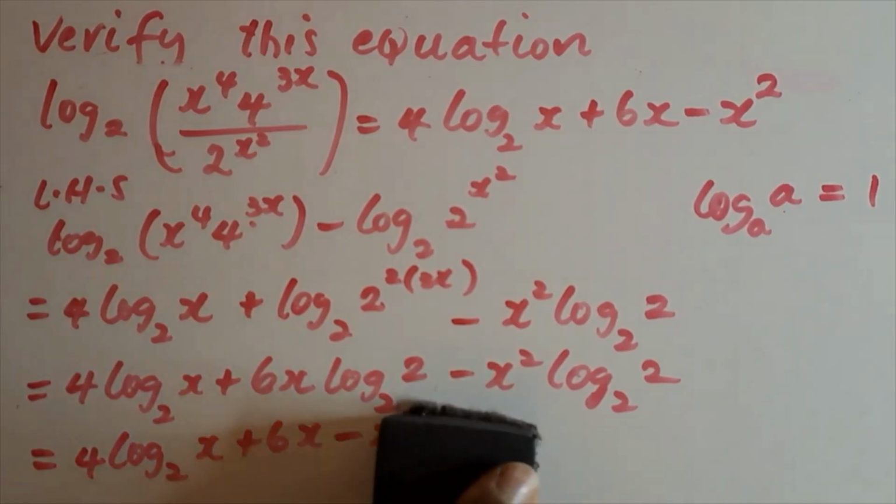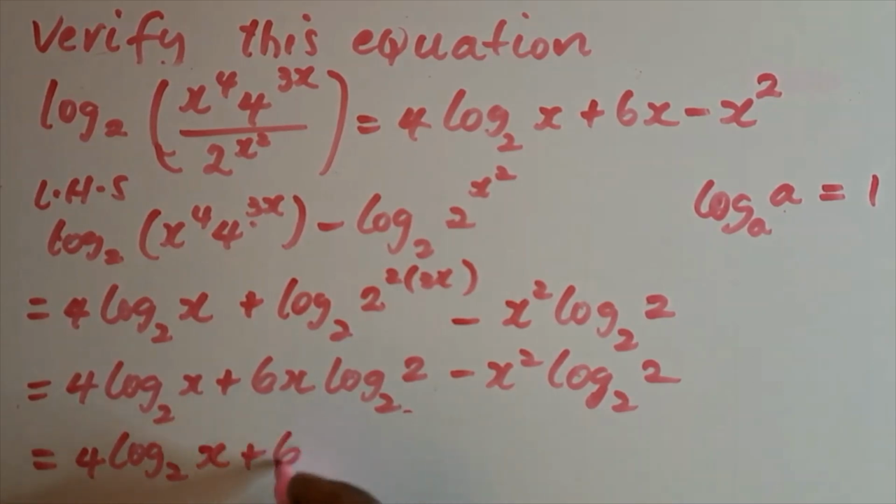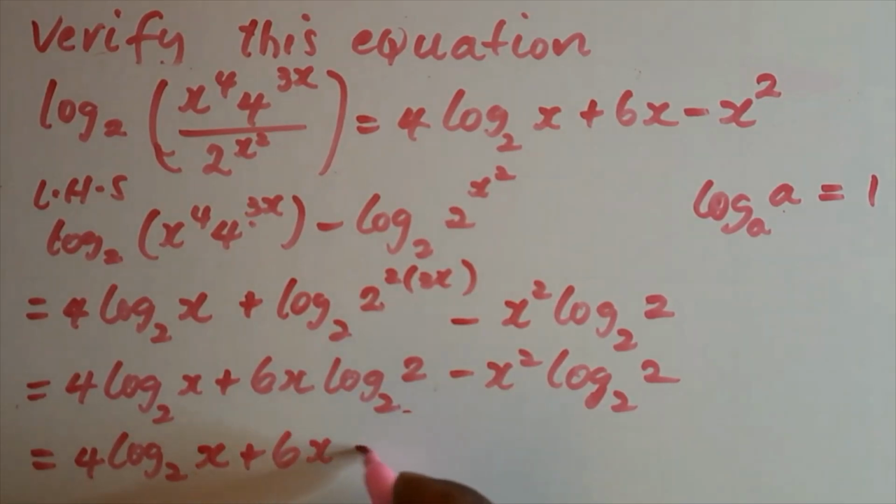Let me just rewrite that so it's clear. It's clearly the same as the right hand side. Add 6x minus x squared.